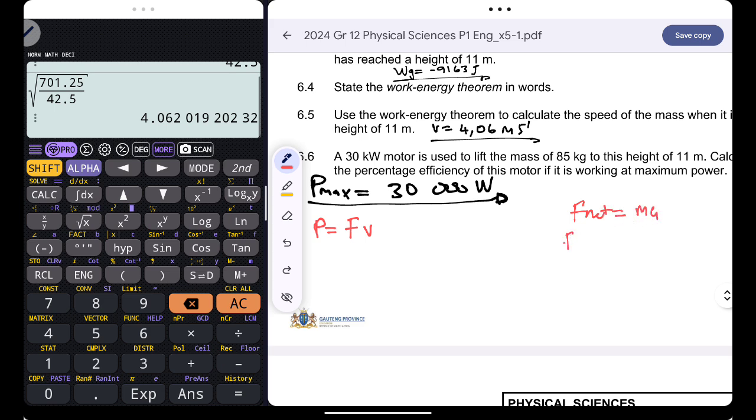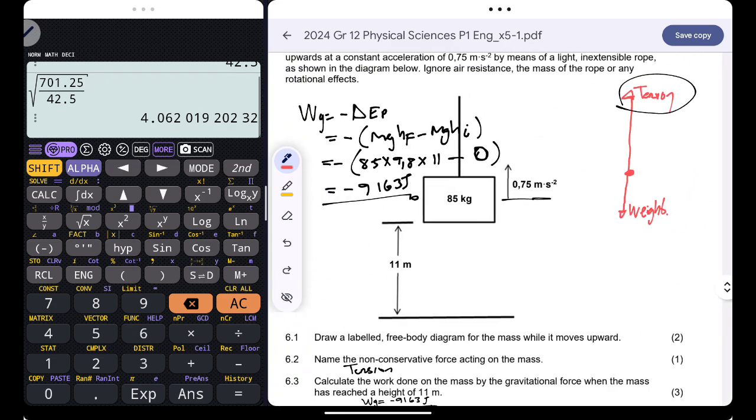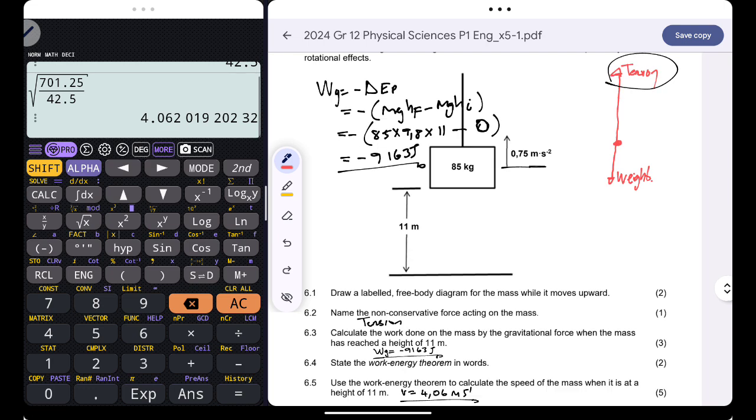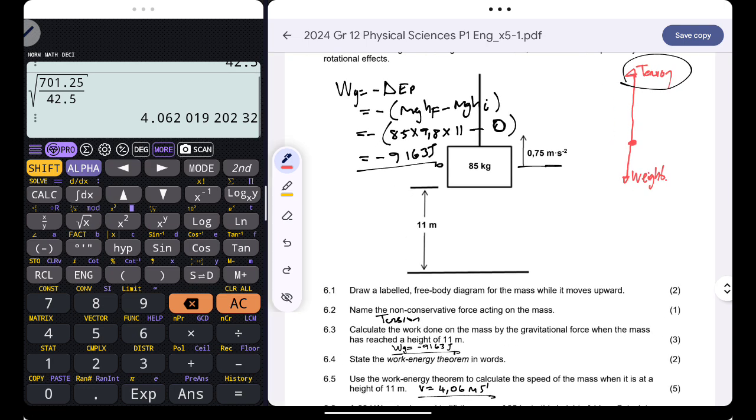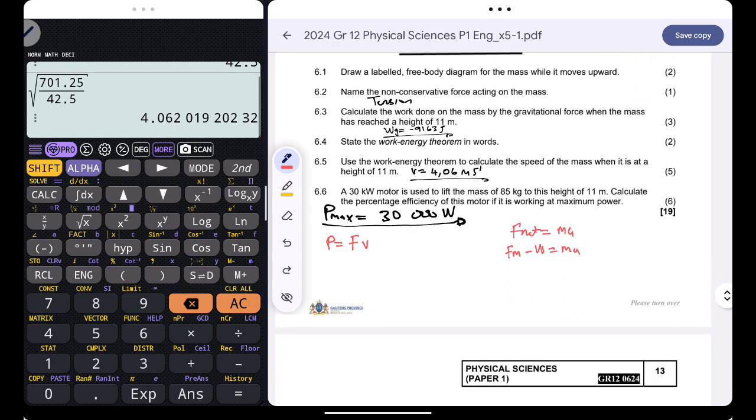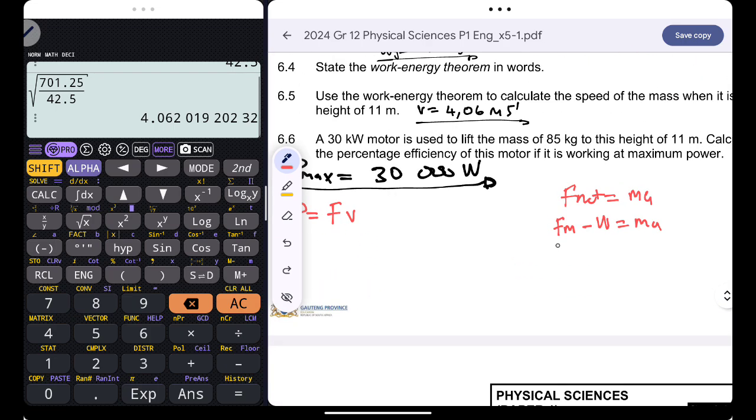So there is a force being applied by the motor minus the gravitational force is equal to ma. Remember, there are only two forces acting on this mass: the upward force, you can say tension or motor, it's one and the same thing, minus the gravitational force.